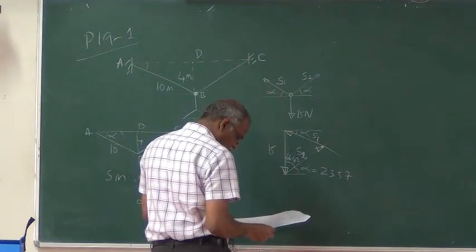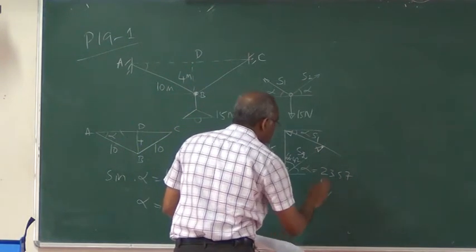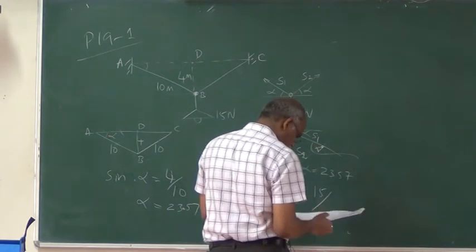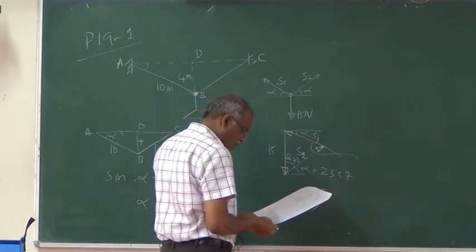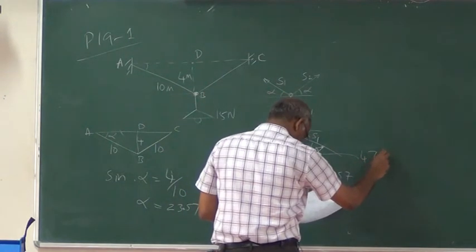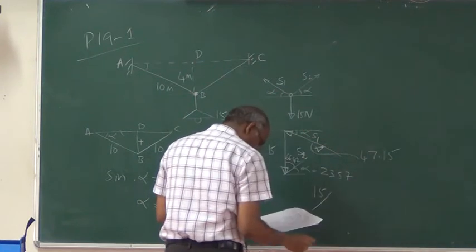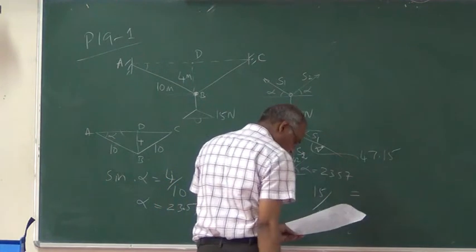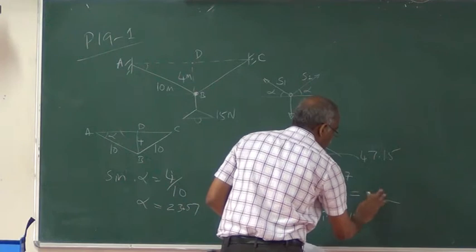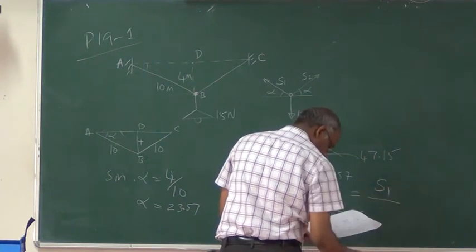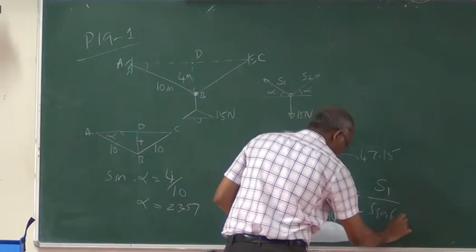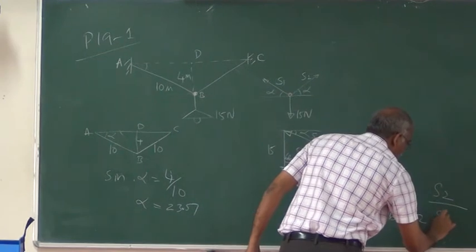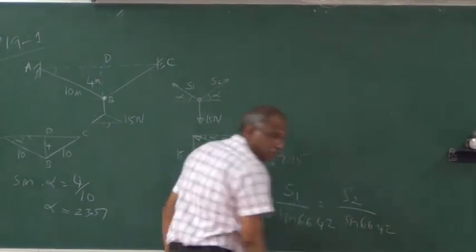Now we can say that 15 by sine 47.15 is equal to S1 by sine 66.42, which is also equal to S2 by sine 66.42.